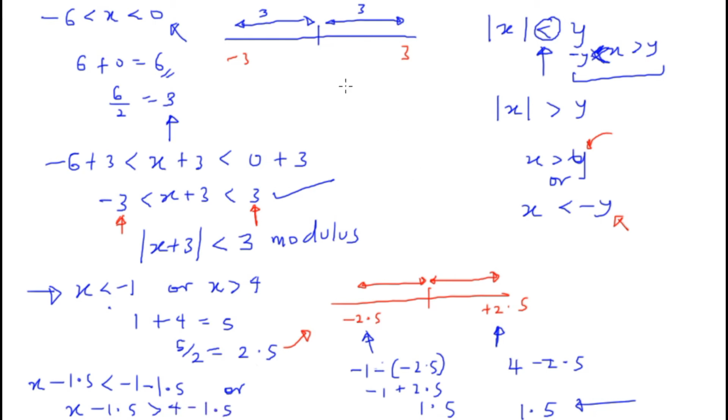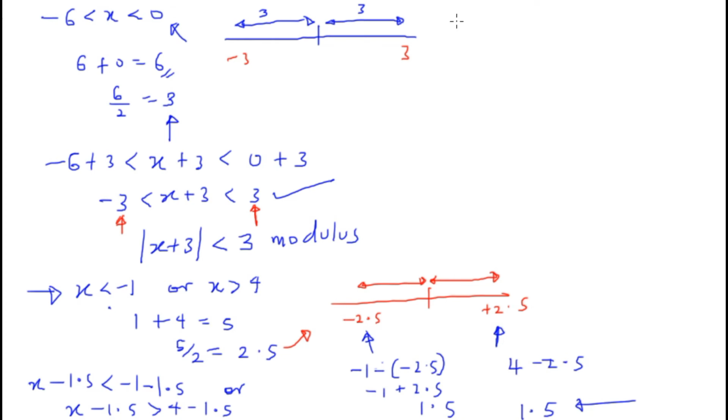If you do this correctly, you should have x minus 1.5 less than -2.5, or x minus 1.5 greater than 4 minus 1.5, which is also 2.5.